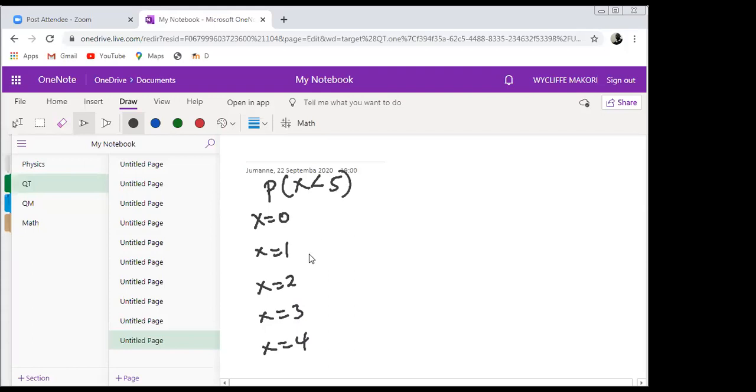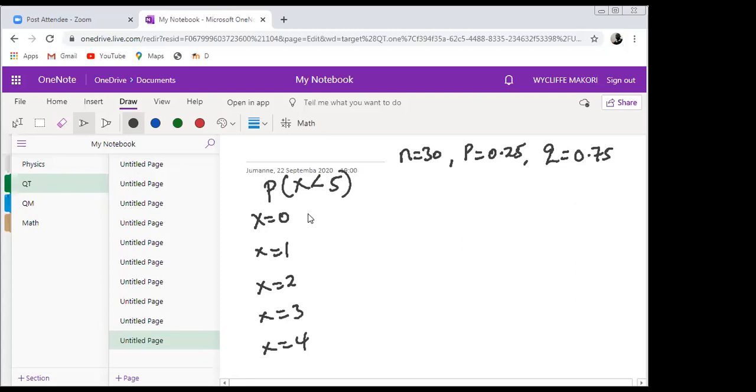So if you find a case like this, then you do this. Remember, our n was 30, our p was 0.25, our q was 0.75. Now what you need to do is calculate them here.